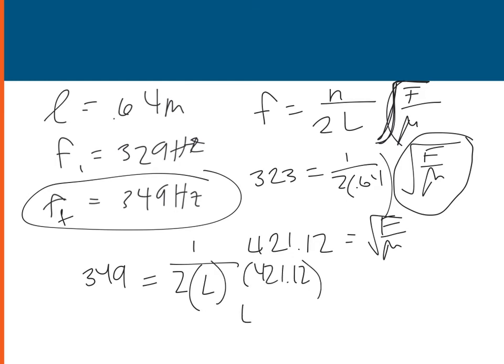And if I solve for L, it's going to come out to 0.603 meters. I started with 0.64, so if I subtract 0.64 minus 0.603, I get the difference in the length, which is going to be 0.037 meters.